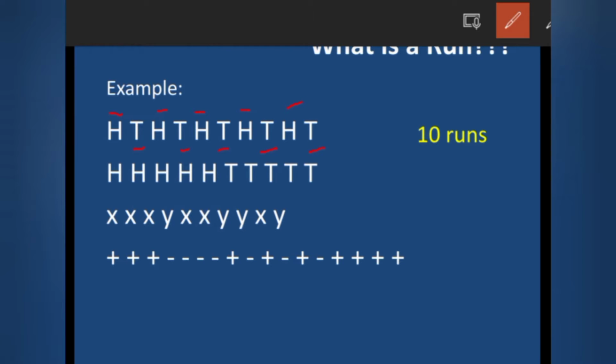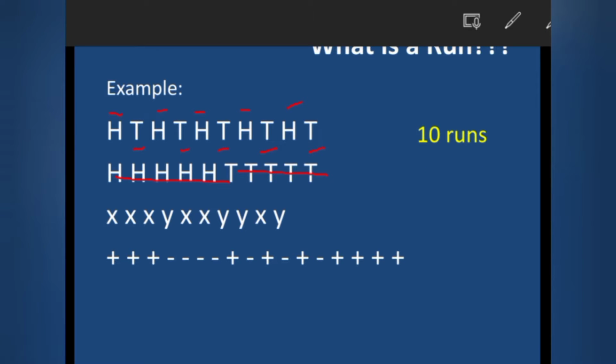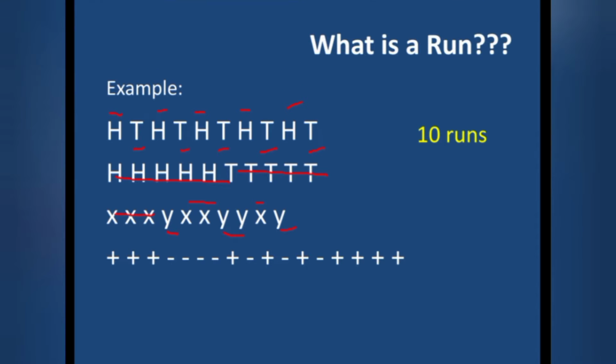In the second situation, there are 1 and 2, 2 runs. In the third situation, there are 1, 2, 3, 4, 5, 6. So there are 6 runs.